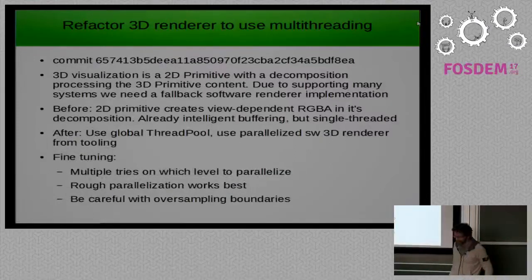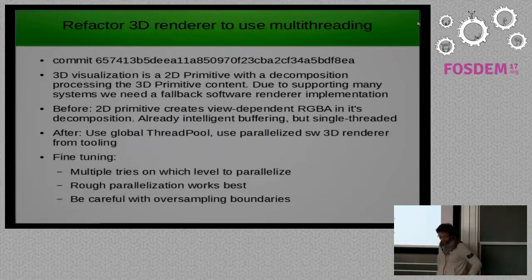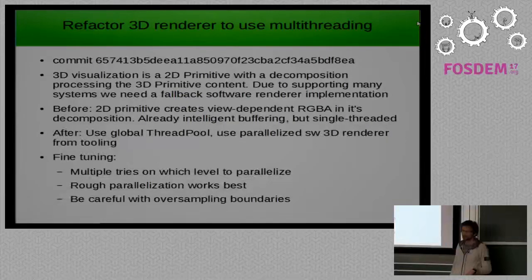So, refactor the 3D renderer to use multithreading. This is one thing I wanted to do for years and never found the time to do. The 3D visualization is a 2D primitive which decomposes the 3D primitive content to an RGBA bitmap, which is then painted. Due to supporting many systems, we need a fallback software renderer implementation to show all the 3D stuff.